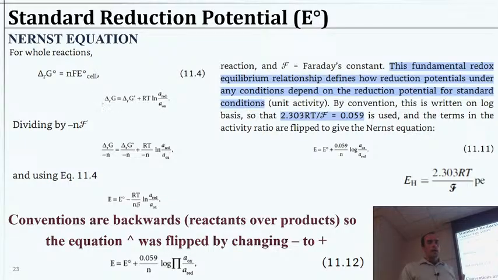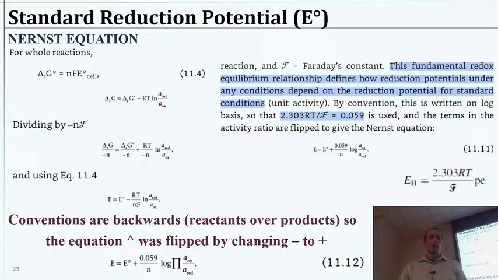We can break that out into the Gibbs free energy of reaction instead of just the standard. And this should look a little familiar. It's the standard plus RT natural log of K, where K is that ratio of activity of reductants over oxidants.